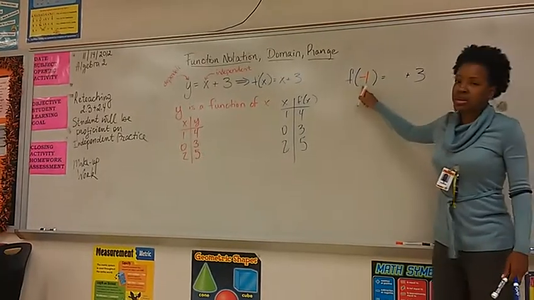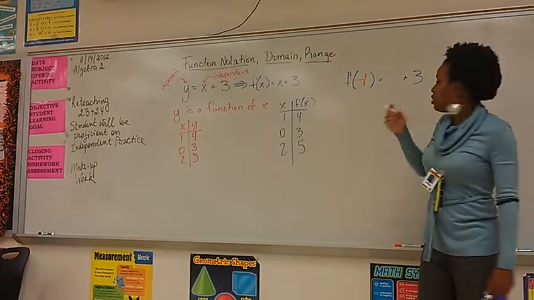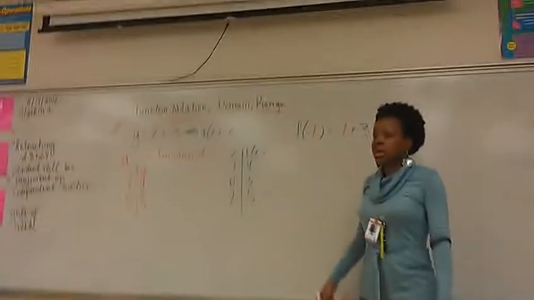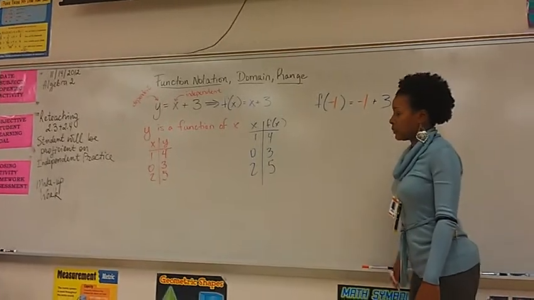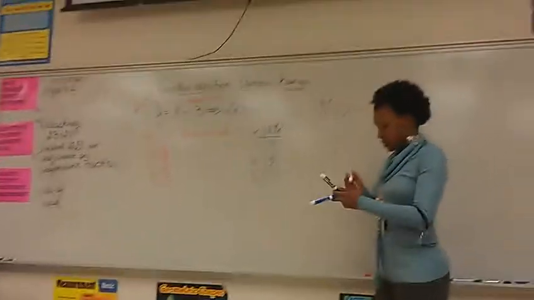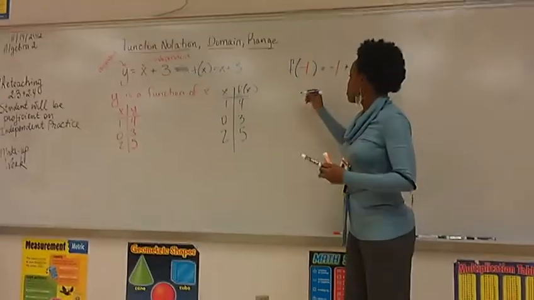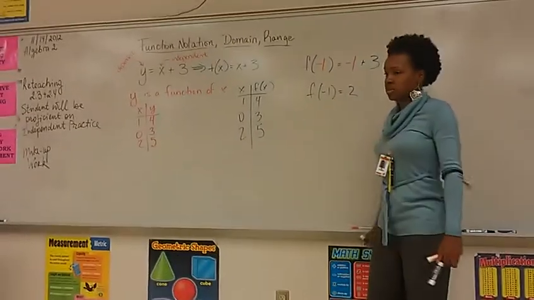Instead of writing x there, I put negative 1. If you see that, you know what they're asking you? To put a negative 1 where the x is. Okay? So what's negative 1 plus 3? 2. So f of negative 1 equals 2.